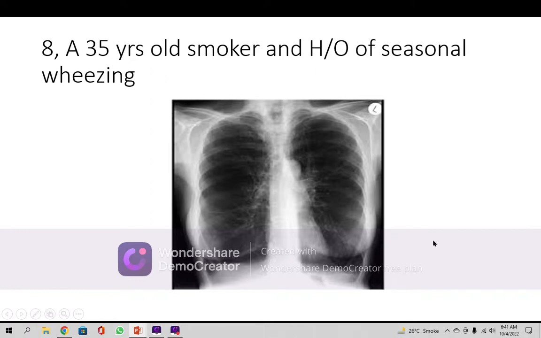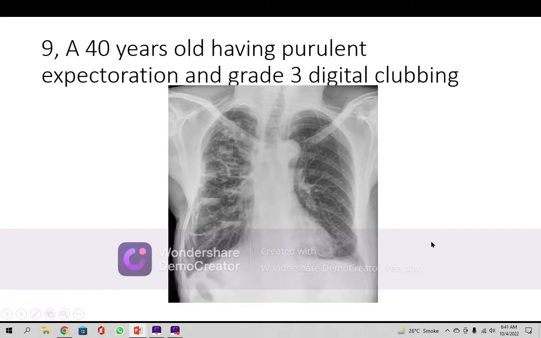So this is another one, a 40 years old having purulent expectoration, and there is grade 3 digital clubbing, very clear. You see here, this is the trachea which is moving like this. From here to here, on the right side 10 degree is normal.